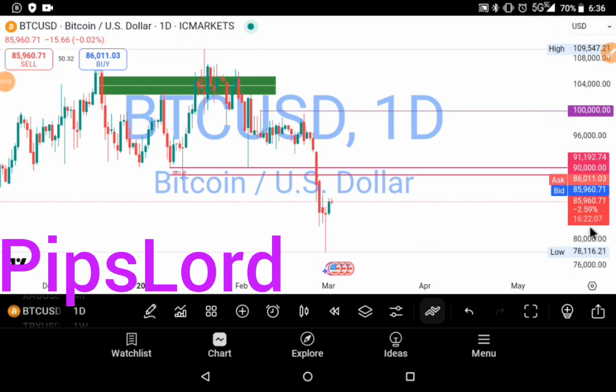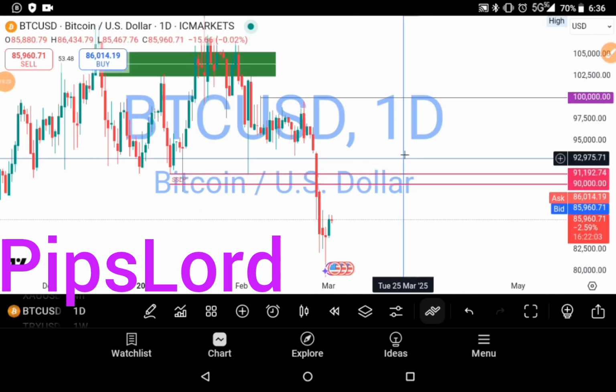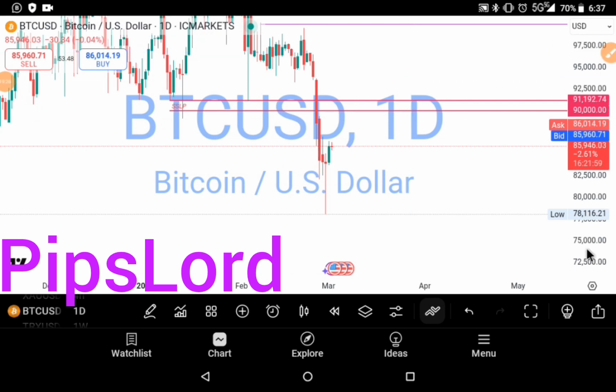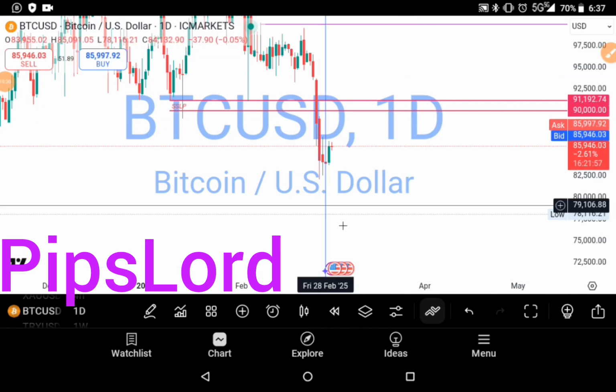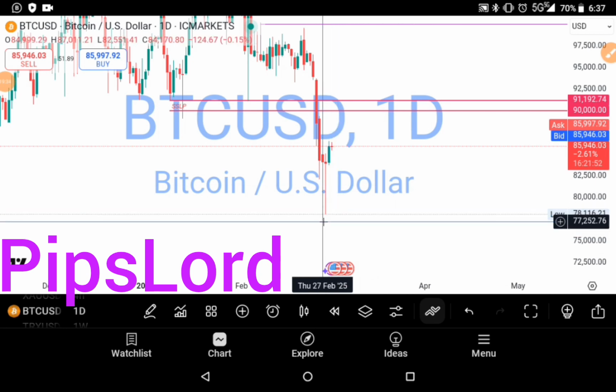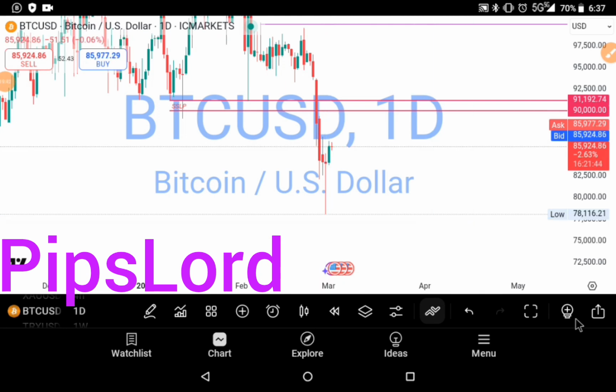So as I said, the moment the market price still stays below 100,000, then I'll be watching 90,000 downwards. So we've seen the low went as far as 78,116.